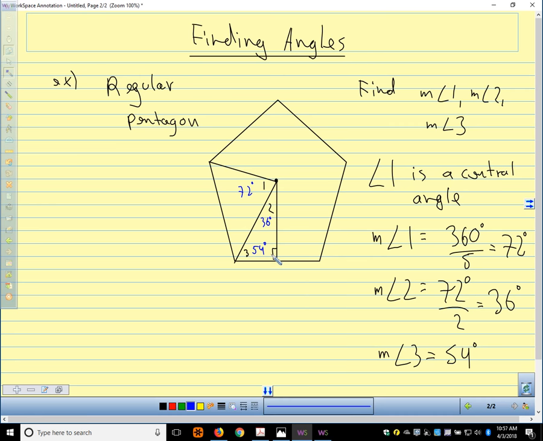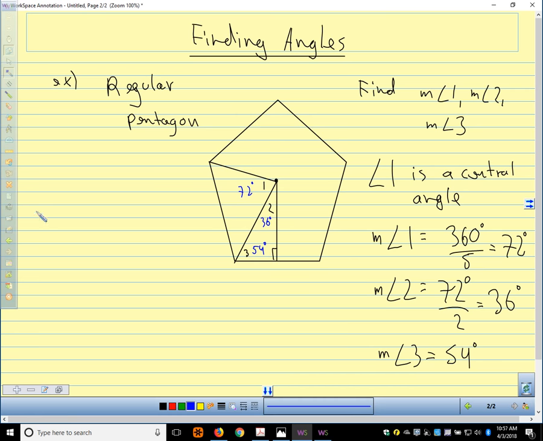So we can find all of those angles just by knowing that this is a regular pentagon. And we will use these angles in finding other pieces of our polygon. We can always use this process with a regular polygon. All right, questions?